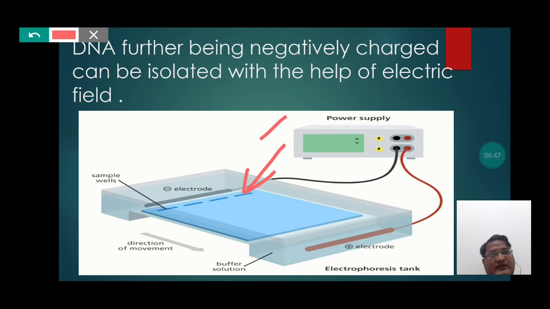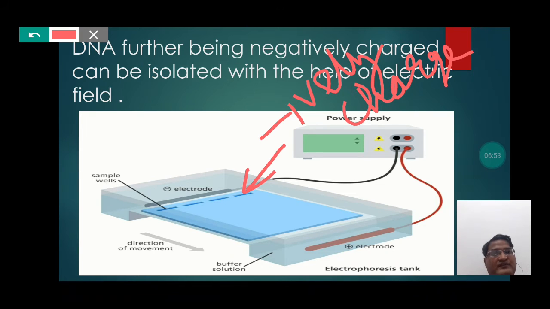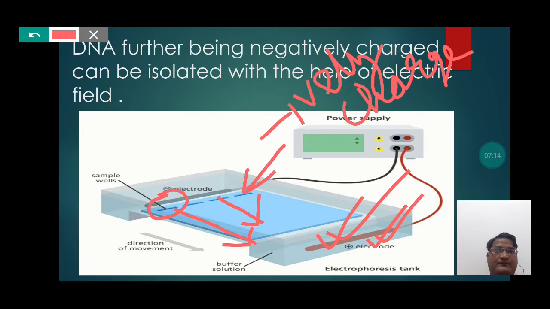So this DNA are negatively charged. So students, this negatively charged DNA fragments will move towards the positive plate or positive electrode. This happens because the DNA fragments are negatively charged and they tend to move towards a positively charged electrode.